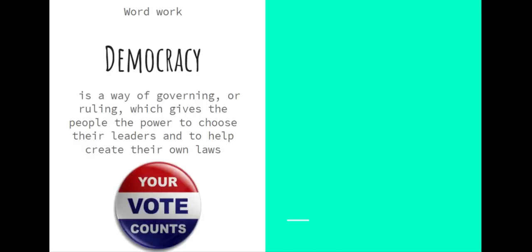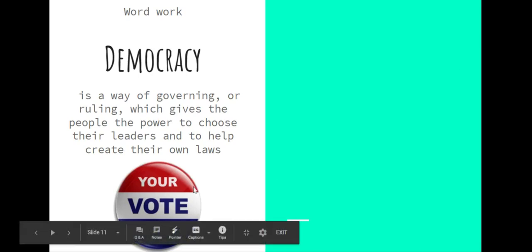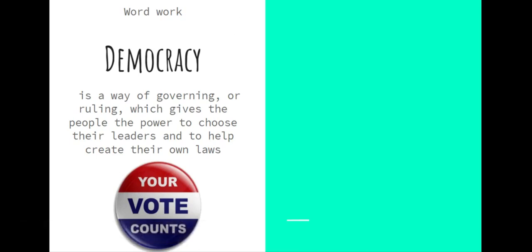Remember, democracy is a way of governing or ruling which gives the people the power to choose their leaders and to help create their own laws. I love this. So it says your vote counts. It's a little pin. And that's one big thing about a democracy is that everybody gets to vote and to pick their leaders that they want.